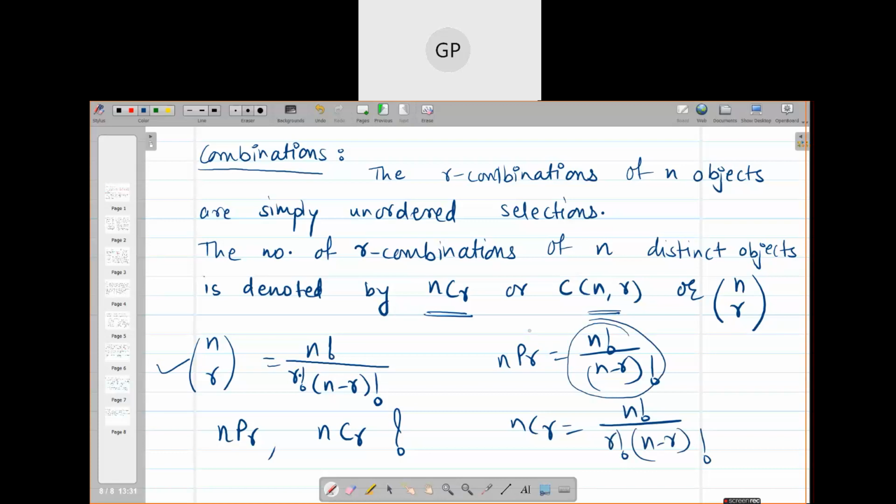If you divide nPr by r factorial, or if you multiply nCr by r factorial, r factorial into nCr, what you will have? You will have nPr, correct? Yes or no? Yes. And it is absolutely logical. Mathematically we have seen this, but when you want to arrange, you first have to select. Yes or no?